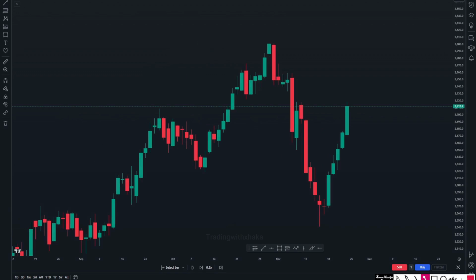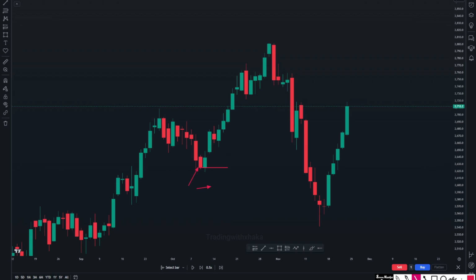Then we count again. This is the first day candle, second day candle. So we anticipate that price will continue bearish, but price failed to do that. As price failed to do that, our counting will start from here. This will be your first day candle, and your second day candle failed to close below this candle, right?